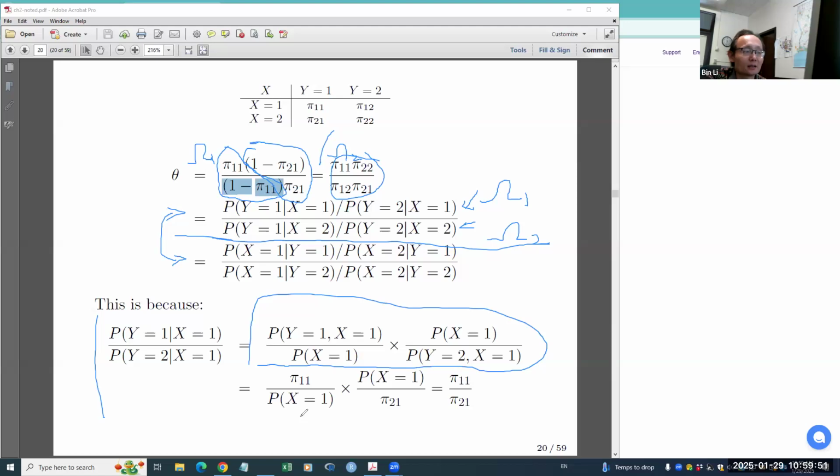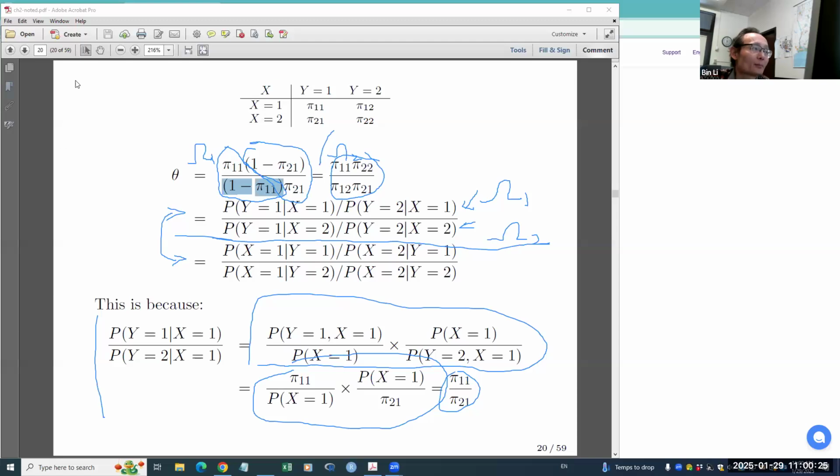Then you can easily find out this equals this and this. So this just shows that these two lines are equivalent. You use the Bayes theorem to write it out, and you can easily see these two are equivalent.